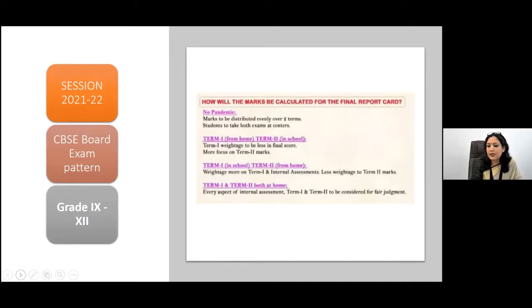On the other hand, the exam conducted in a formal arrangement, in school or the external examination center, will carry more weightage. And if both the terms are conducted from home, then equal weightage will be given to all the components, including internal assessment and the record of all the assessments taken into consideration during the school education.